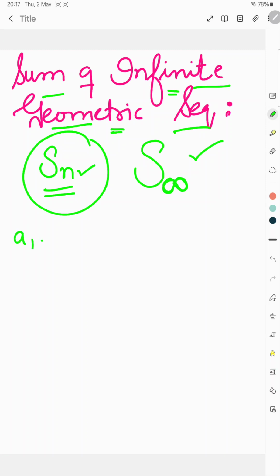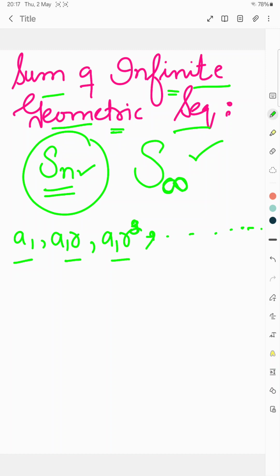Whenever a geometric sequence is given, as I write its general form here, the first term is a1, the second term is a1r, the third term is a1r square, and it goes on similarly and infinitely, that is, it has no last term.